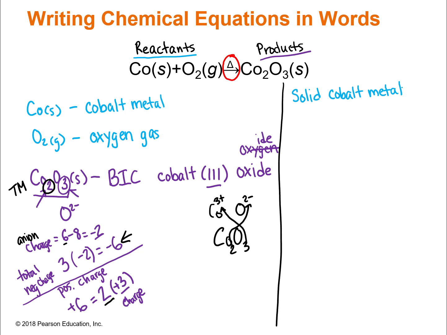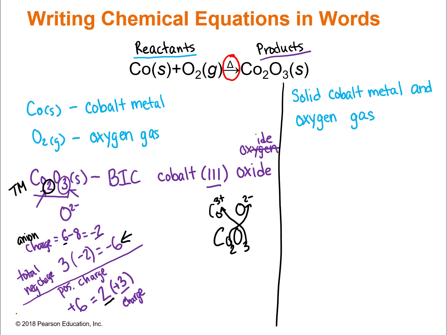You may also just see cobalt metal, and the assumption is that it's solid. If it's anything other than solid, you would say liquid, something like that. Solid cobalt metal and oxygen gas. Those are our reactants.